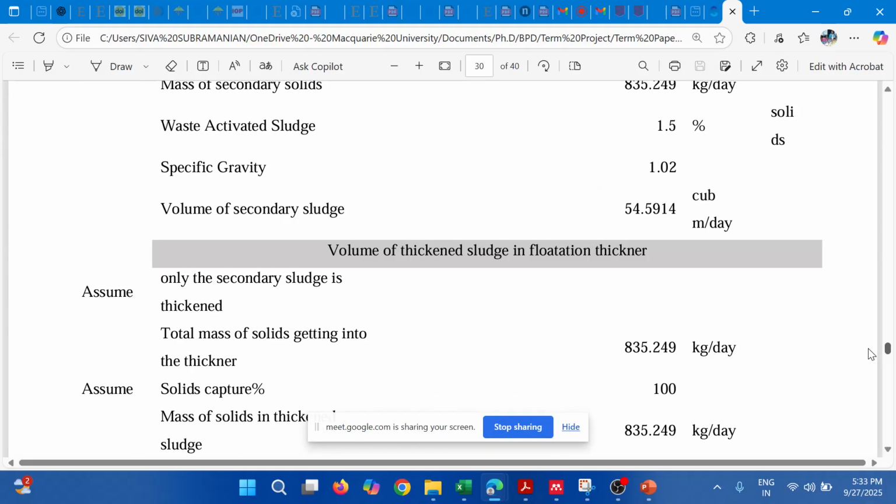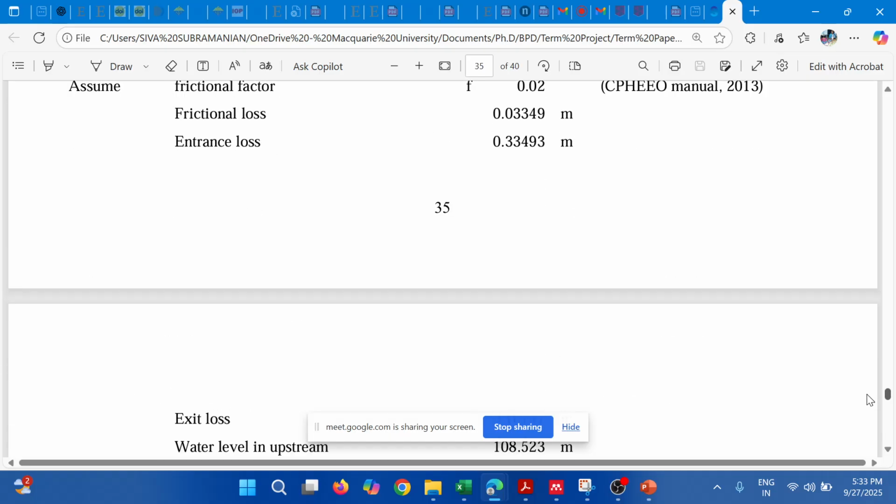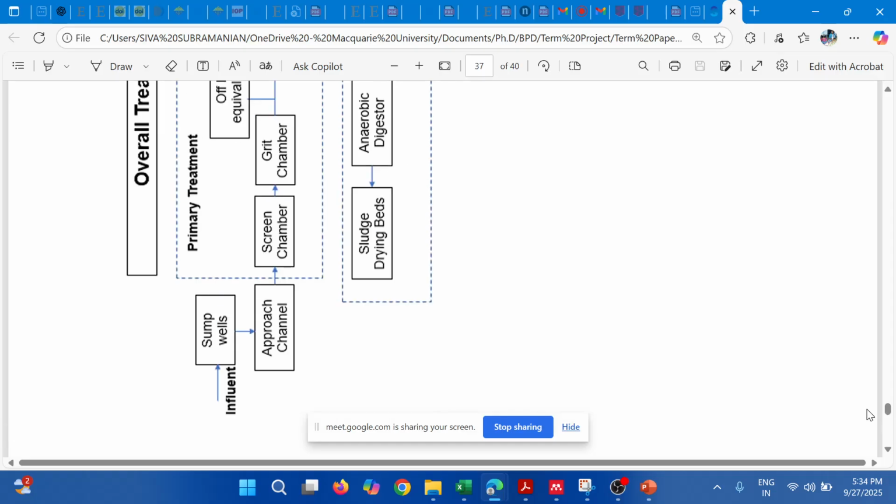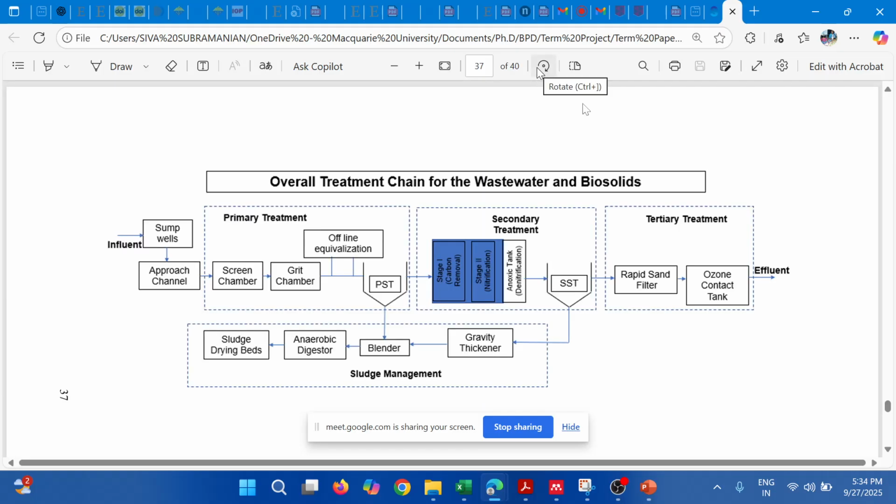My question is that in MBR we are using membrane, and in MBBR also we are using carrier in the form of membrane.